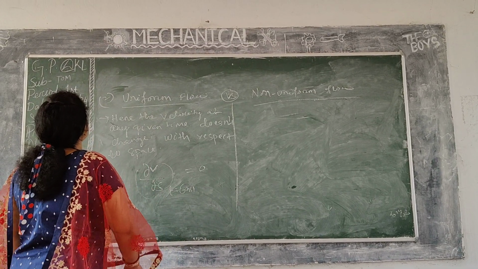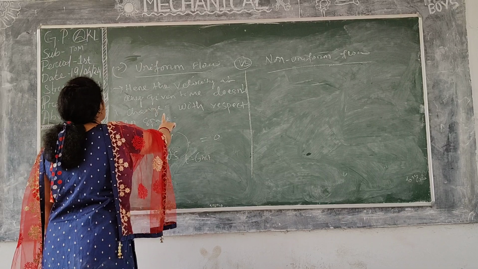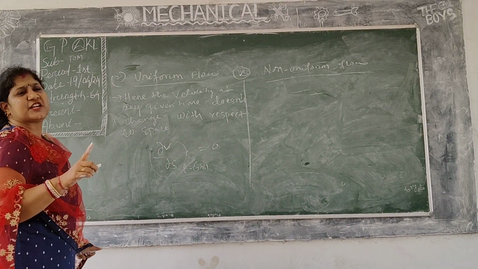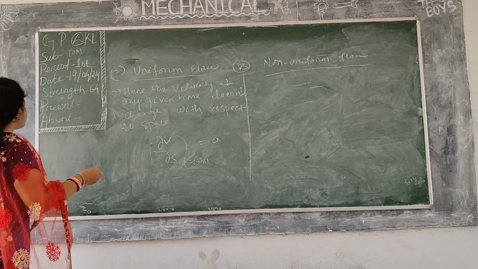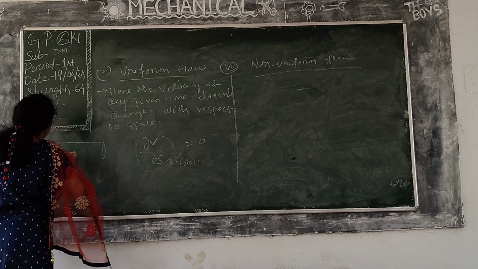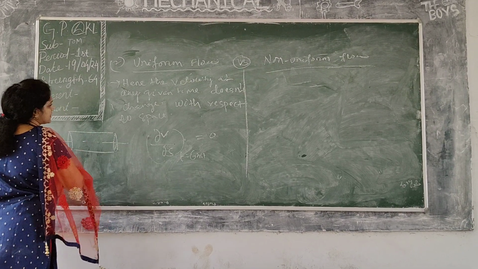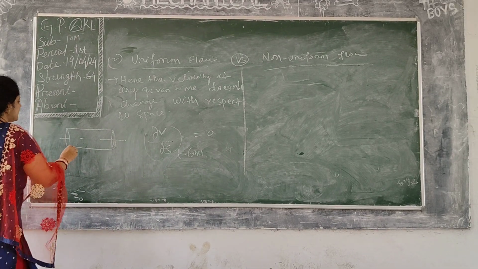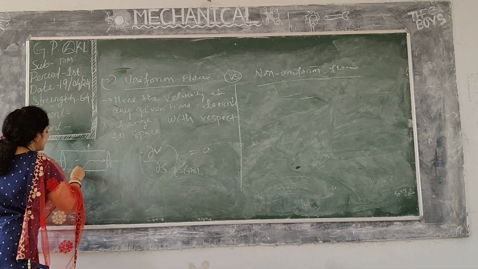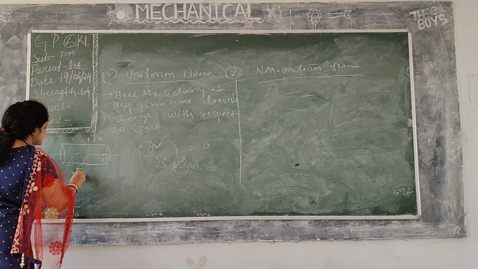What does it mean? Uniform flow. What is uniform flow? The velocity at any given time does not change with respect to space. Space means what? Suppose this is a pipe through which the fluid flows. This is the total space, meaning along all the three directions. We know this is x0, this is y0, this is z0.